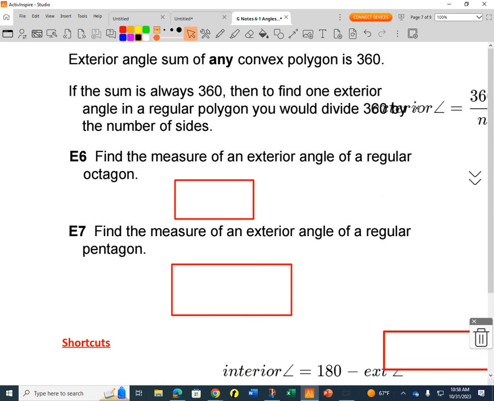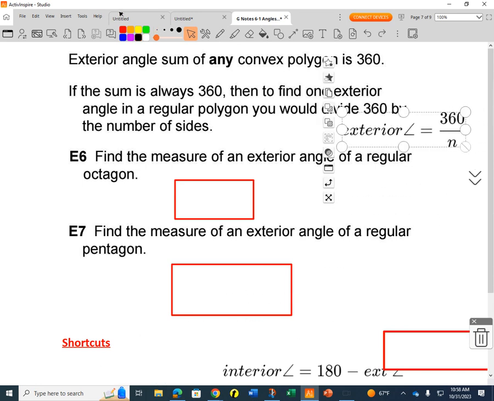So we're going to put that here. So an exterior angle equals 360 divided by n. Remember, n represents the number of sides.